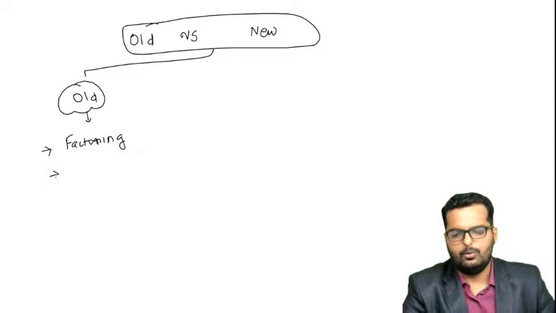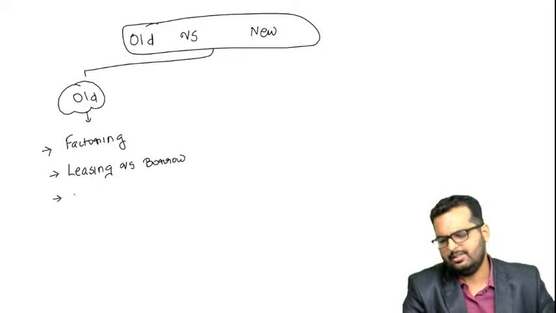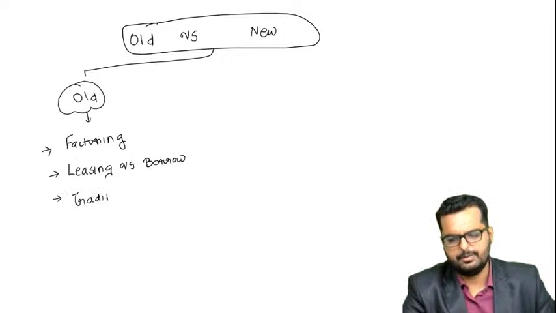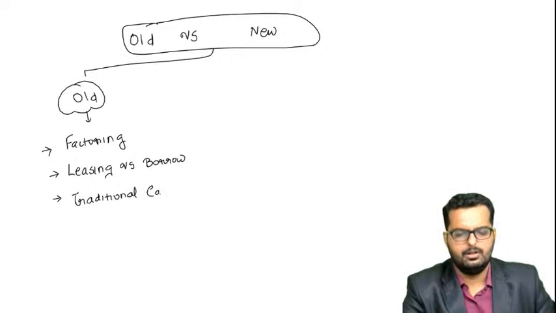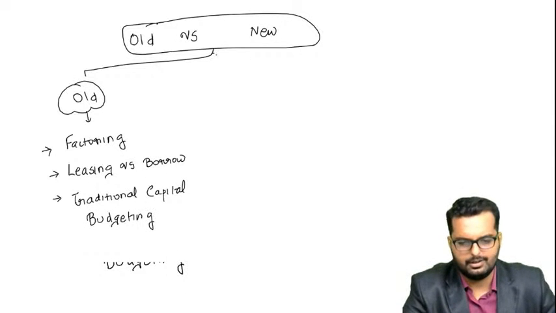Other one is leasing versus borrowing. And the third one is something called traditional capital budgeting. These 3 topics are not relevant as far as the new syllabus is concerned.